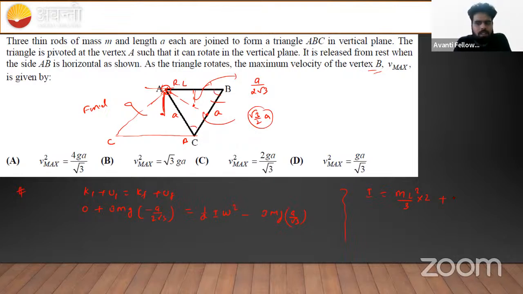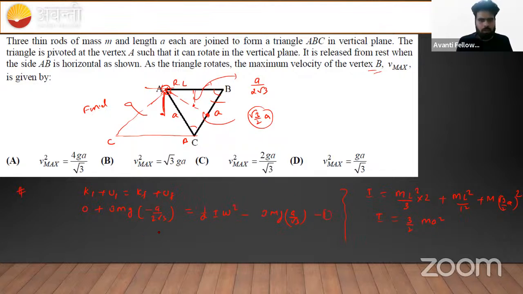So apply the parallel axis theorem: ml square upon 12 is the moment of inertia about the centre, and we shift it to this point, so we add m a square, where a is root 3 by 2 a. If we solve this and take the LCM, the value is 3 by 2 m a square.